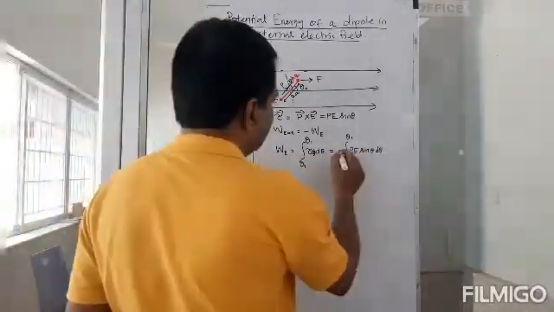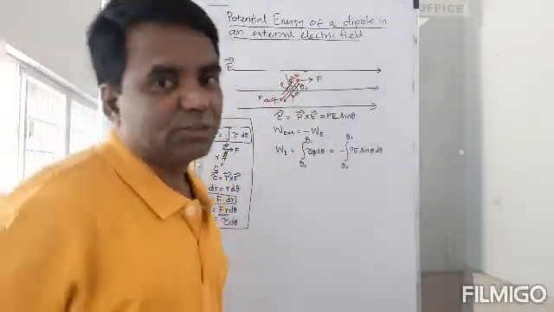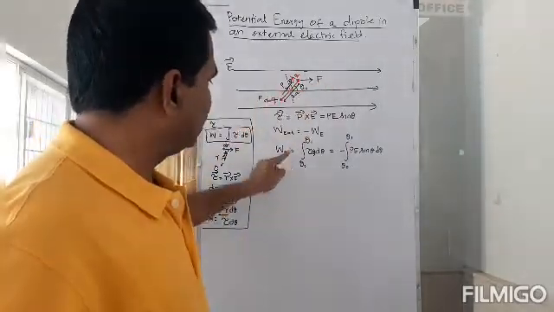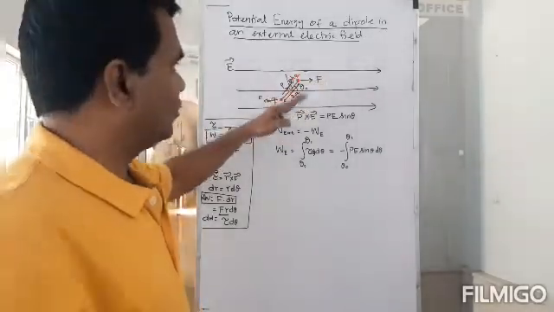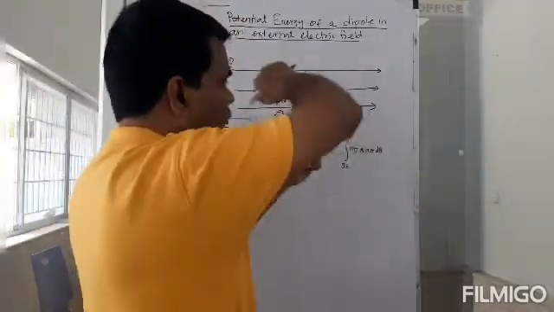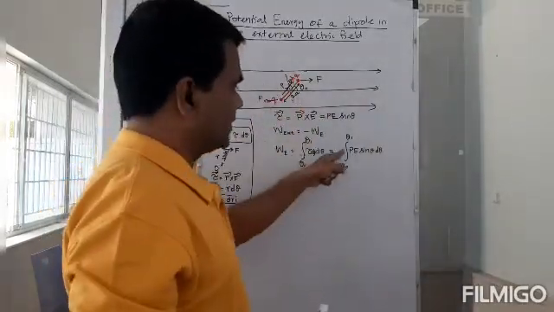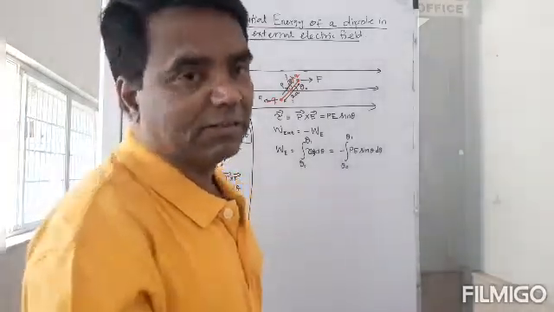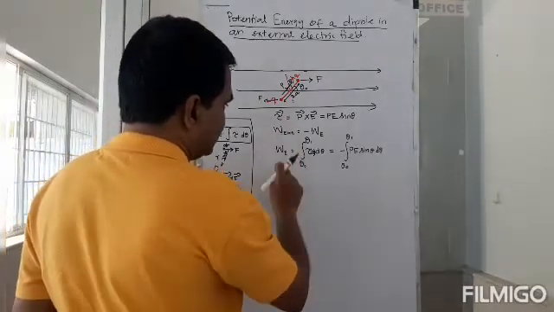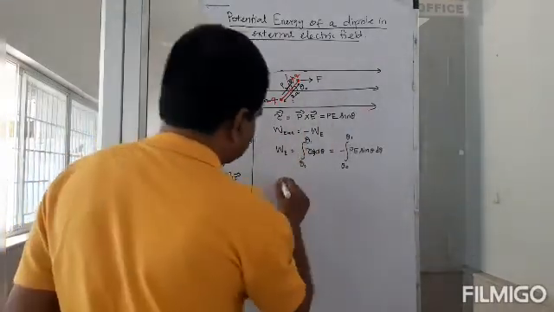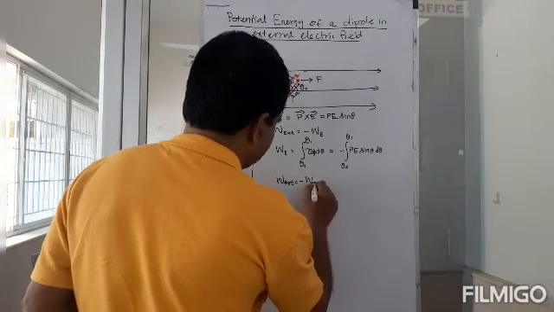So you need to assign a negative sign to that, because the work done by the field, W_E, is going to be negative. Why? Because the torque, or the force, is acting in this direction, and you are moving in the opposite direction. So you need to have minus P E sin theta d theta there. But the work done by you, the external force, must be W external equal to minus W_E.